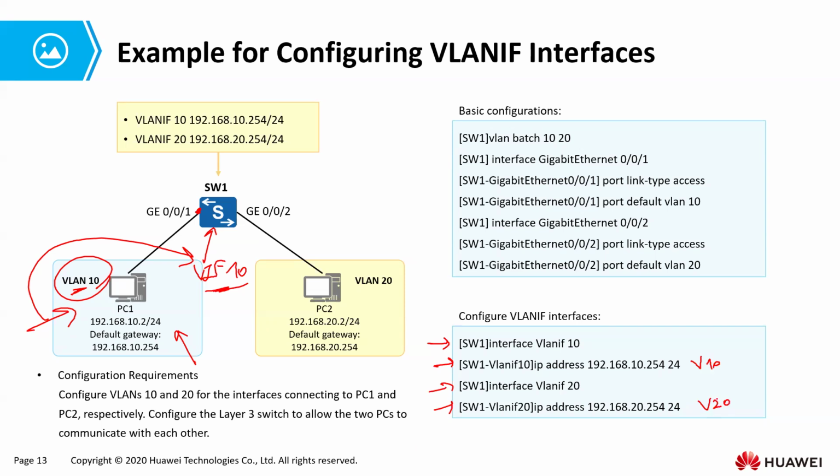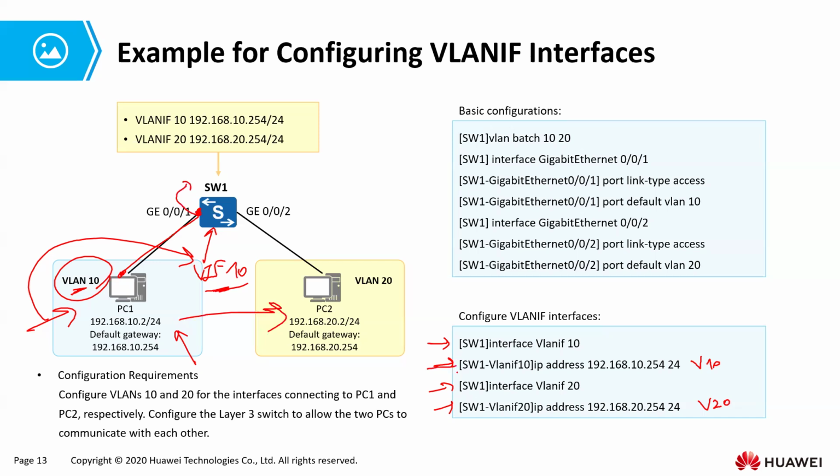These are virtual interfaces, not physical interfaces. So how will the communication happen? Traffic from VLAN 10 entering a port gets tagged VLAN 10. It is sent to the default gateway, my virtual interface.